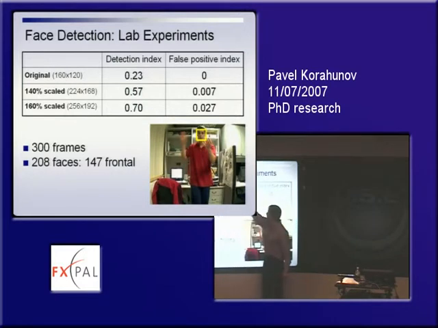And the detection index there is 23%. Only 23% of the total number of faces is detected. But when we scale up each frame to 140%, we get 57% of faces detected, because more faces go above the 20 by 20 pixel threshold. So in the original video, some faces are too small. When we artificially scale it up, it becomes all right.